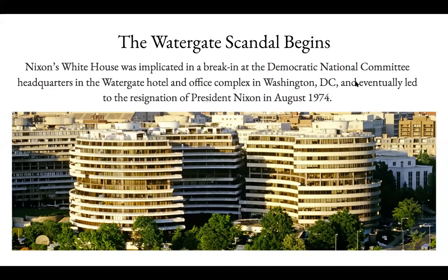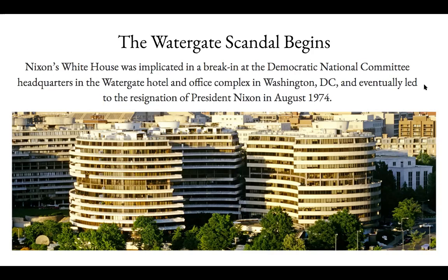In the early 1970s, Nixon's White House is implicated in a break-in at the Democratic National Committee headquarters. They were headquartered in the Watergate Hotel and Office Complex. That is this building that you see here. It was located in Washington, D.C., and this scandal eventually led to the resignation of President Nixon in August of 1974.